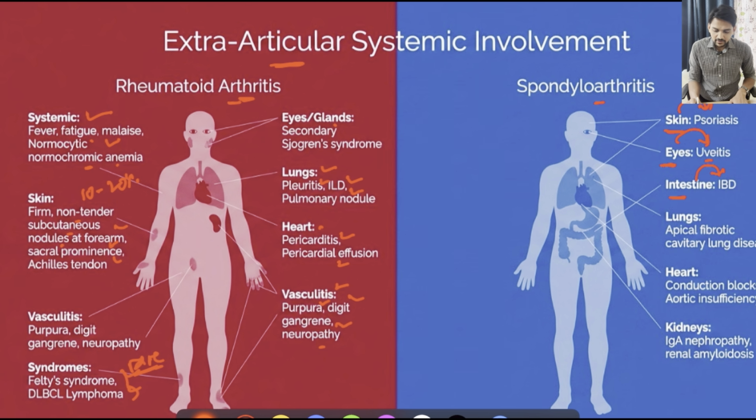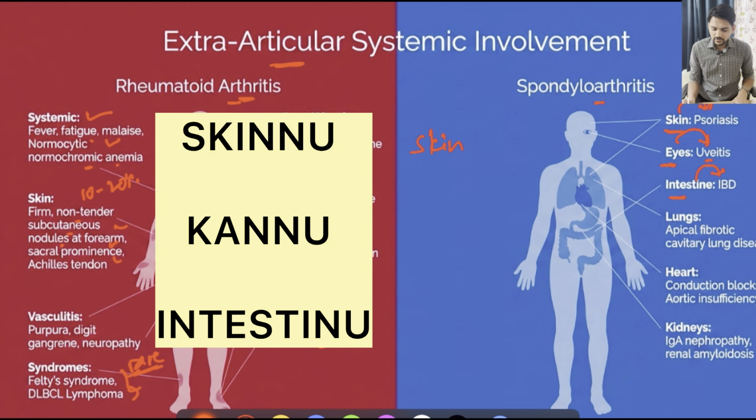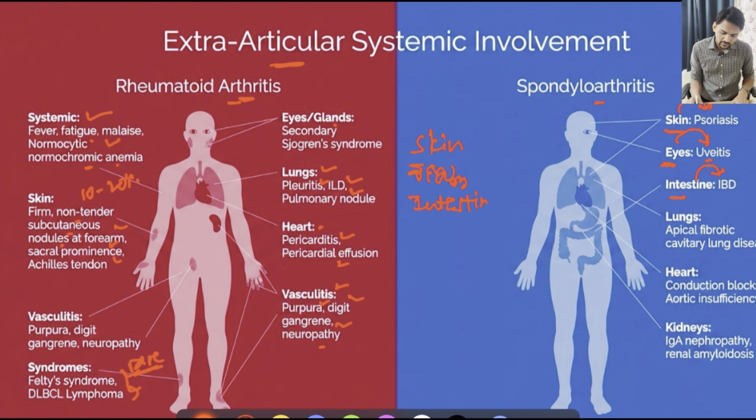So along with joints, there are typically 3 other extra-articular systems involved, which we can remember as skin. In Kannada, for eyes we will say kannu, and intestine. A kind of rhyme you can remember, skinnu, kannu, intestine.